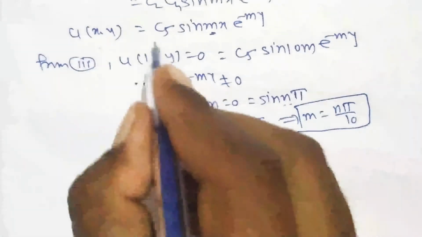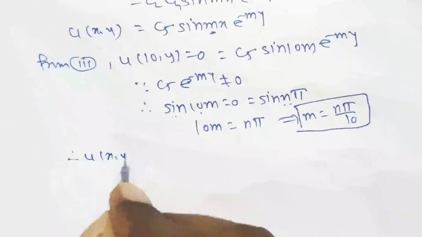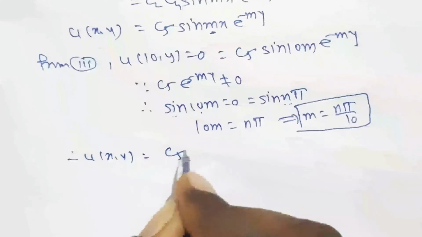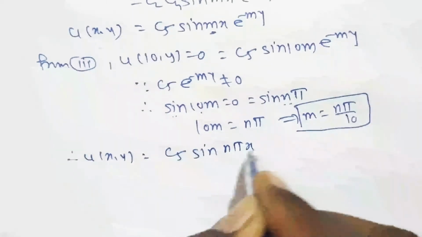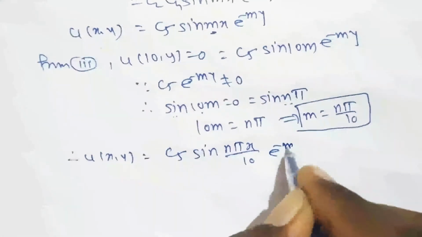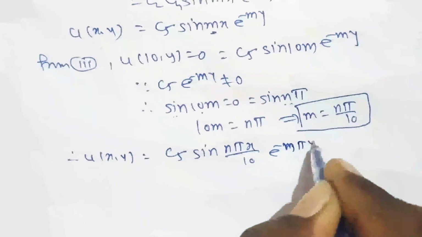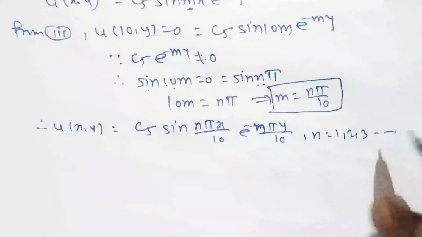So this is the value of m put in u, and therefore u(x, y) is equal to c5 sin(nπx/10) into e^(-nπy/10). And what is n here? n equal to 1, 2, 3 and so on.